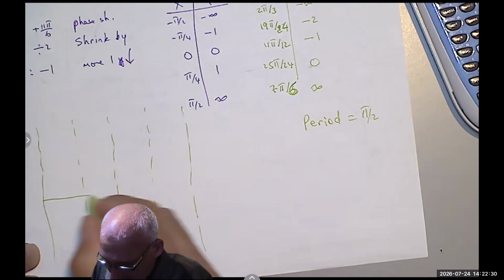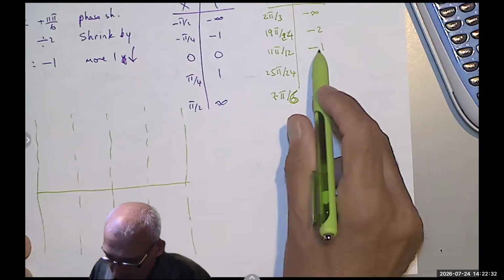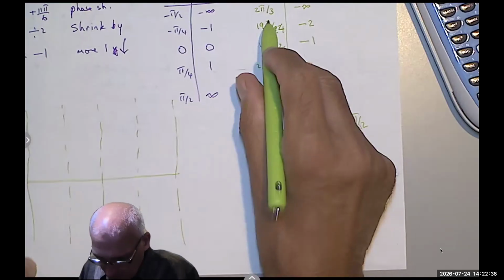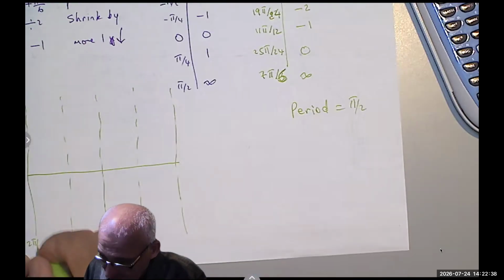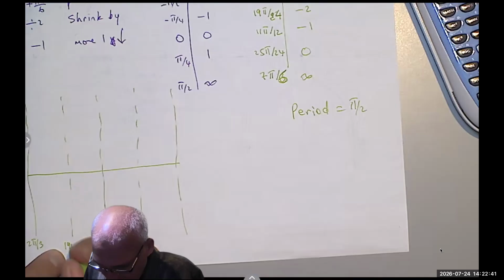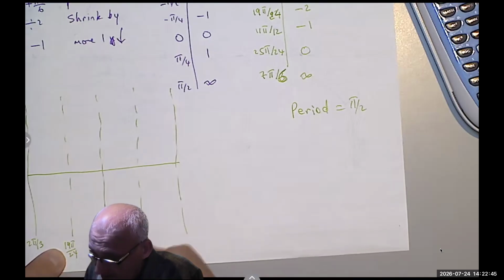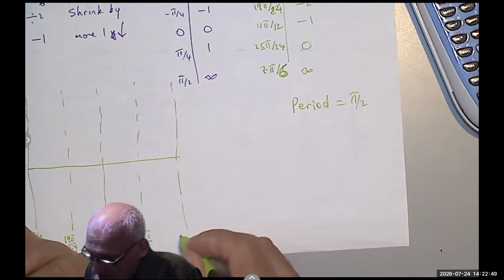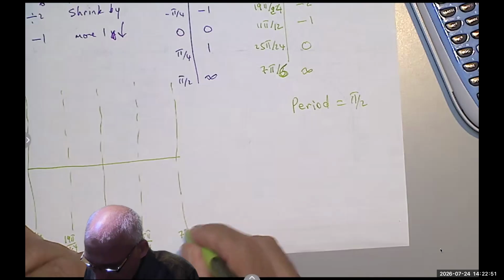This line is negative 1. Okay, and then we say at 2 pi, this is 2 pi over 3, 19 pi over 24, 11 pi over 12, 25 pi over 24, and 7 pi over 6.